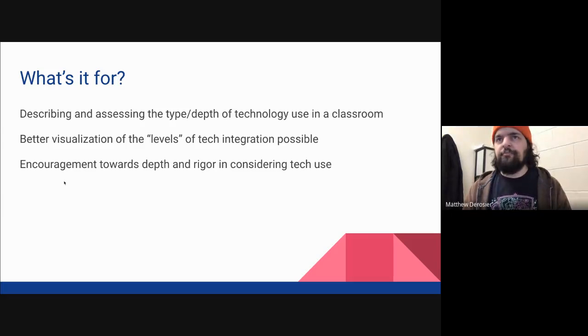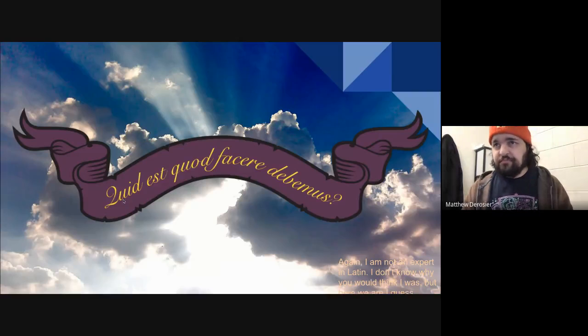So anyway, the SAMR model allows us to see that depth and rigor in tech use is one of the components that we should be considering when we're planning to use tech with our lessons.